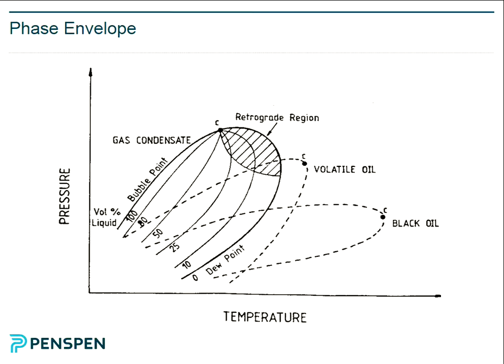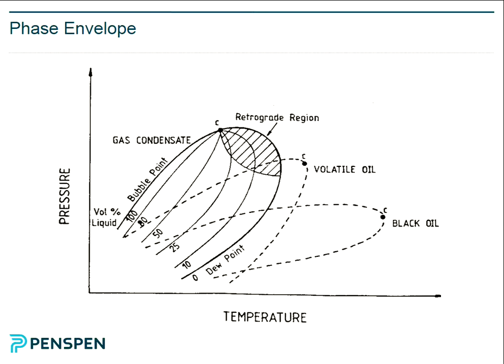There's a feature of this phase envelope which is interesting. This region is called the retrograde region. This is actually a dew point. You see, this is the 10% liquid line, which meets there. This is the 0% liquid line, meets there.